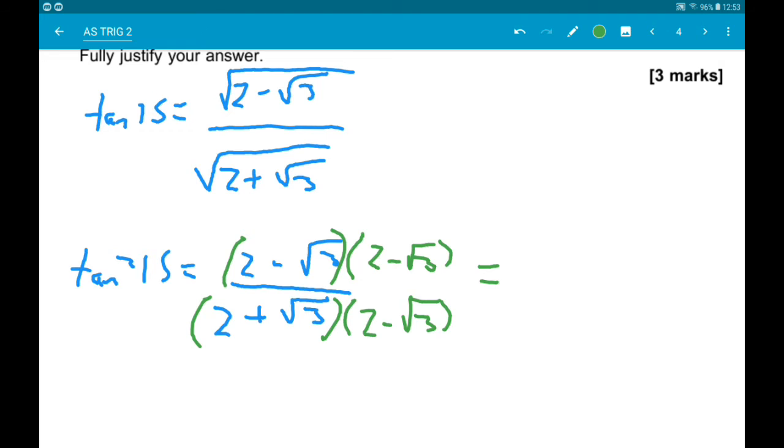So, up on top, we're going to get 2 times 2 is 4, minus root 3 times minus root 3 is positive 3. So we have 7. And then we're going to get minus 4 root 3.